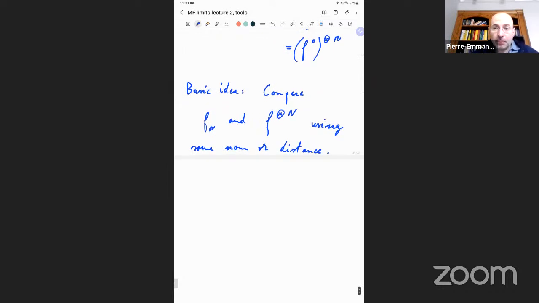The problem is there are major difficulties in doing this in large dimension, because the dimension now is not fixed, it's moving.